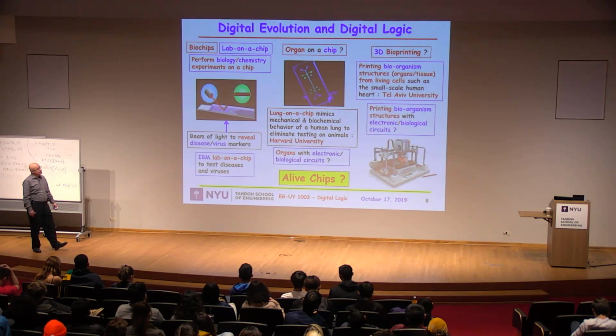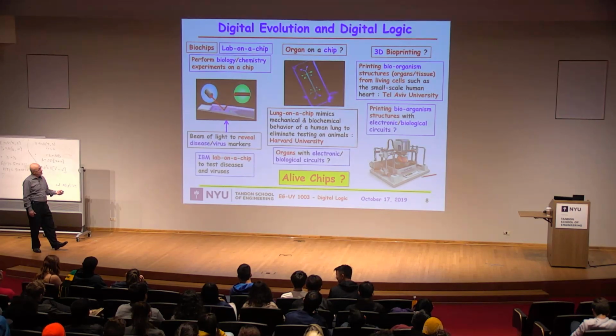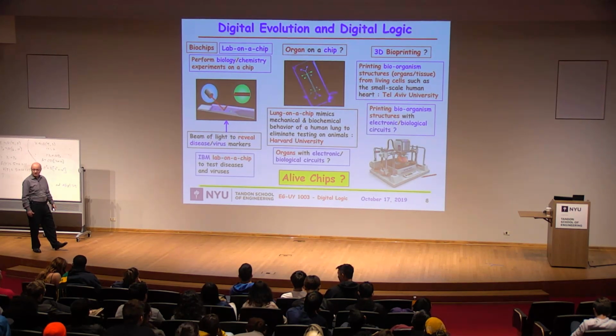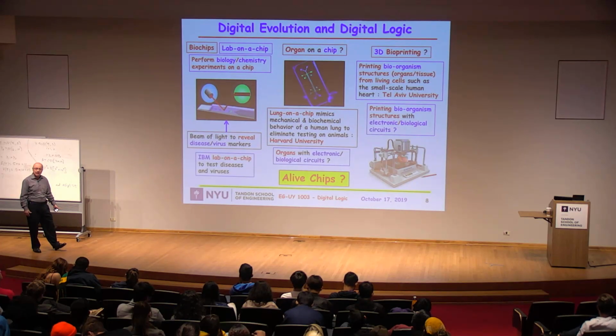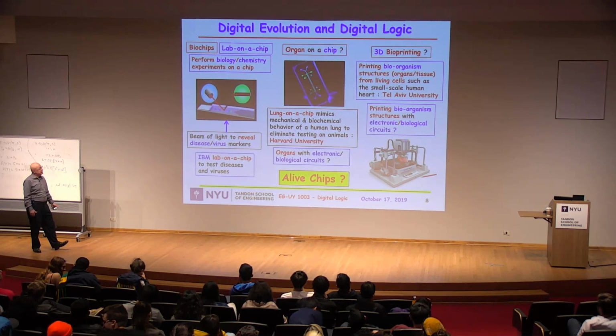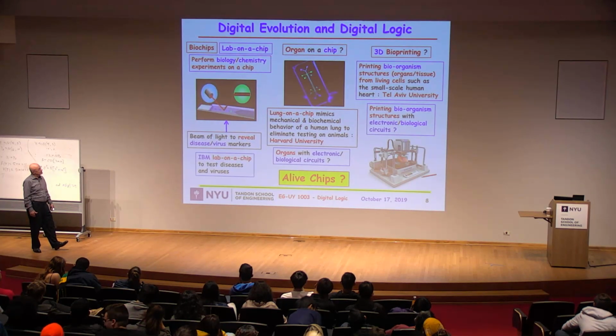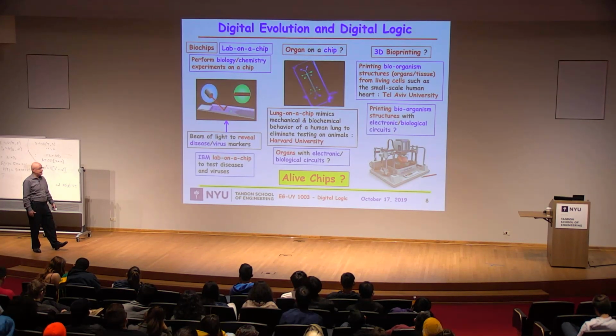And how about 3D bioprinting? So these are happening. So, for example, a small-scale human heart was 3D bioprinted in Israel, everybody, and more of these will be printed so that people who need kidneys and hearts and other things will not wait for many years. They will get it right away. They will be 3D bioprinted.